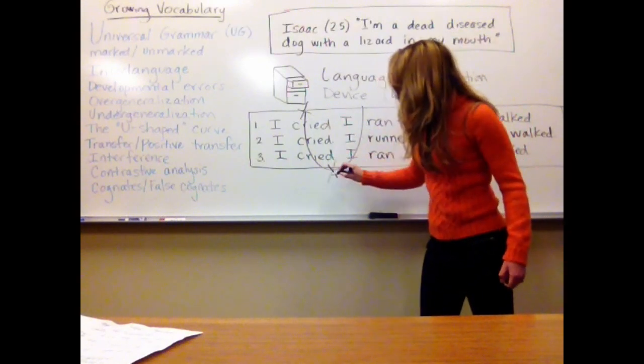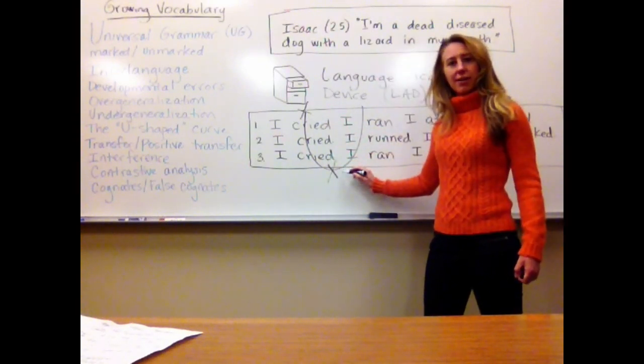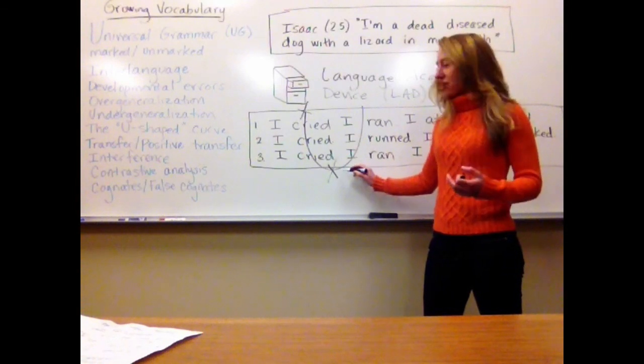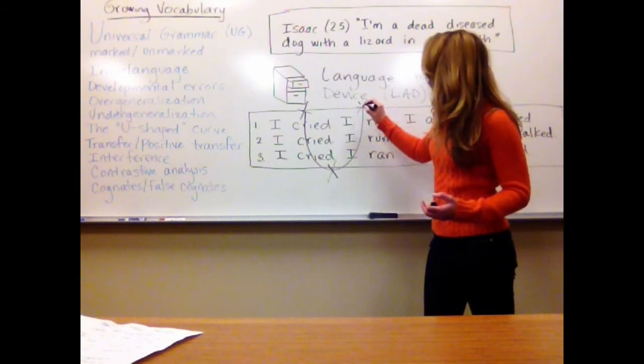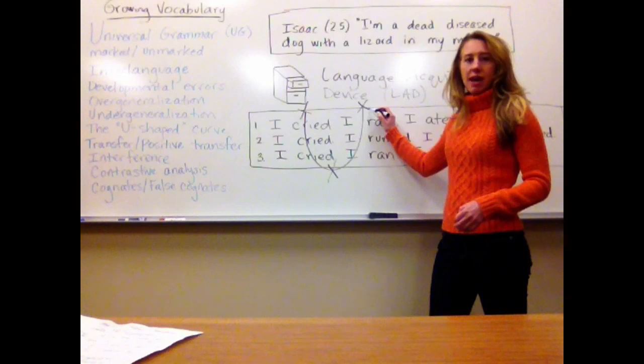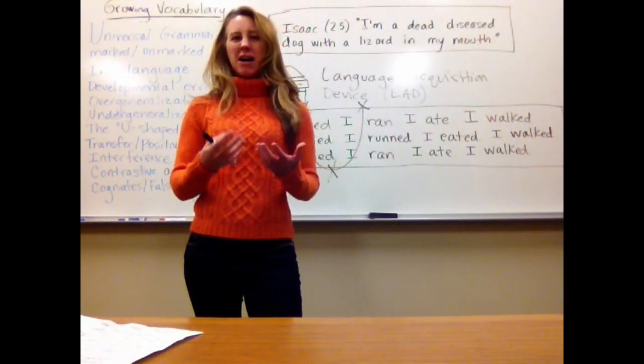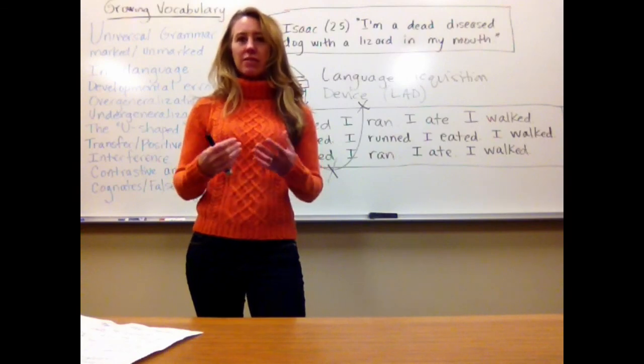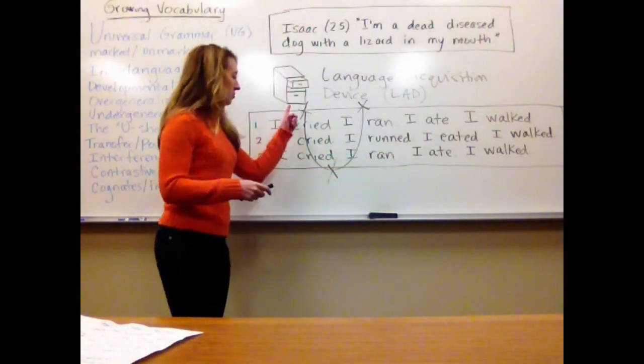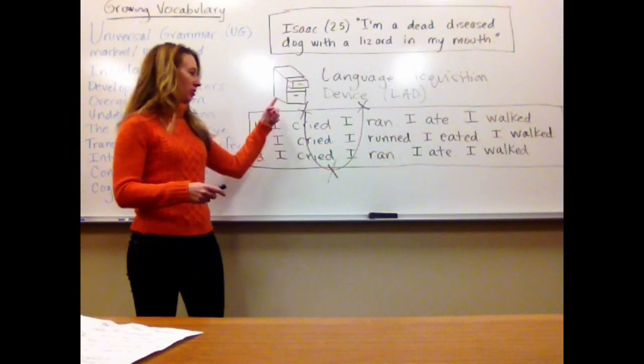And then things look pretty dire. The child is making lots of errors. But then we come back here. And now the child is producing language that sounds more mastery-like, that sounds more native-like. And that is the U-shaped curve.